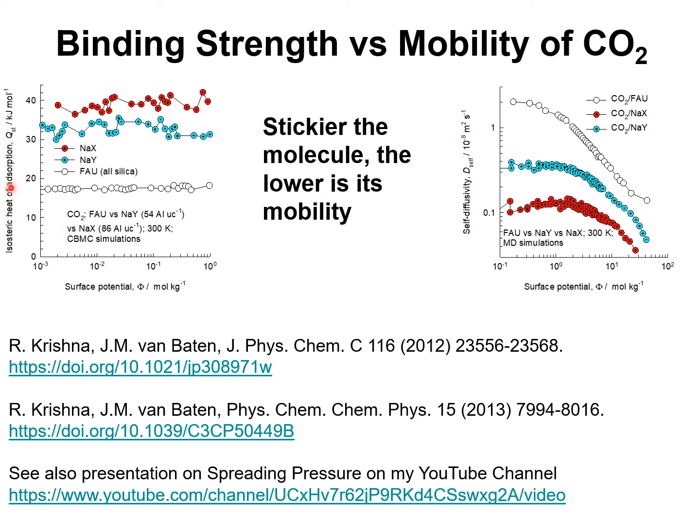Both these parameters are plotted as a function of the surface potential that serves as a proxy for the spreading pressure. The reason for the choice of the surface potential as x-axis is clearly explained in my presentation on the spreading pressure that is available on my YouTube channel.